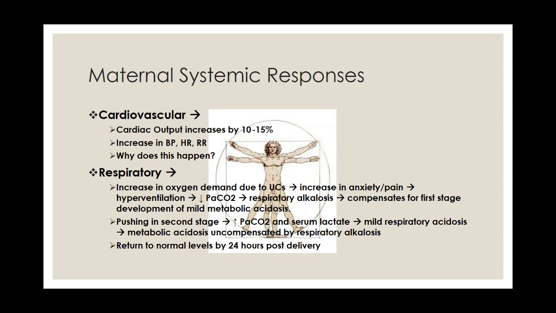We have an increase in blood pressure, heart rate, and respirations. And why does this happen? Well, it happens because with contractions, 300 to 500 milliliters of blood volume is forced back into the maternal circulation. So we need that increase in cardiac output, that increase in blood pressure, heart rate, and respirations to keep up.